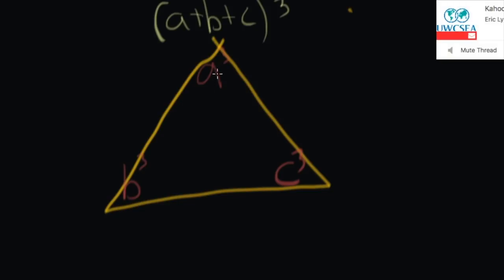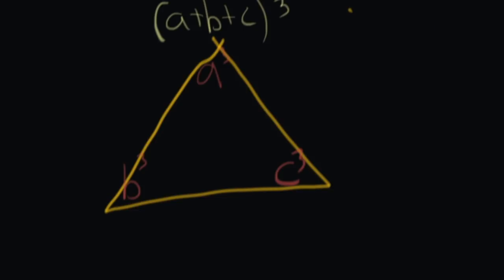So what happens here? What's going to happen is we're going to multiply a and b. So we're going to get 3ab, and we're not done with that 3ab yet. And we get another 3ab. Again, we're still not done with that. We need to put some exponents on there. The exponents have to add up to 3. So the first one is going to be 2 for the a and 1 for the b, and the other one is 1 for the a and 2 for the b.